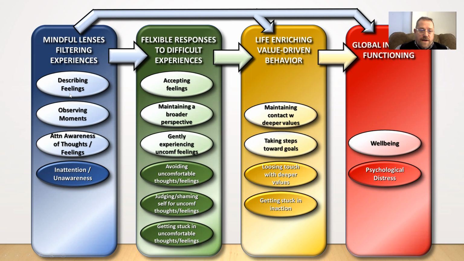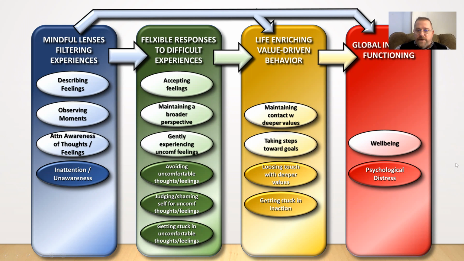So being able to describe your feelings, observe moments, being attentive and aware, or inattentive and distracted. We thought those things are so fundamental. This is how you would notice and detect if you were upset or if something unpleasant was going on. And so we thought these would influence all of the stages in the model.